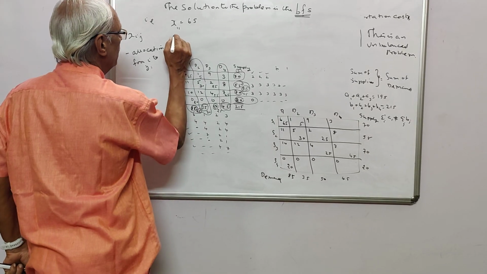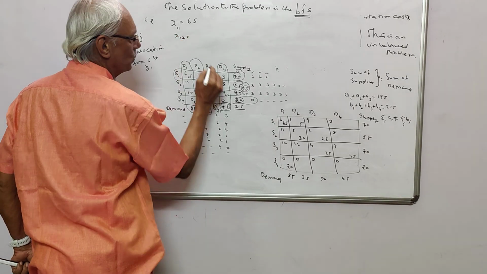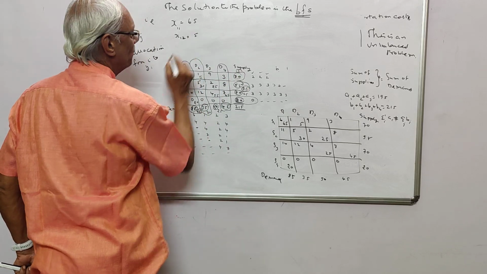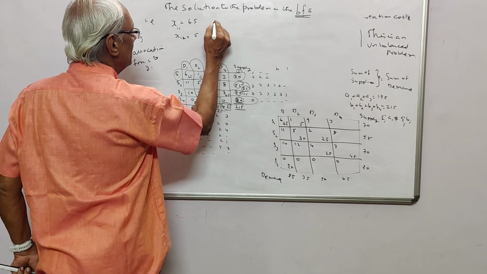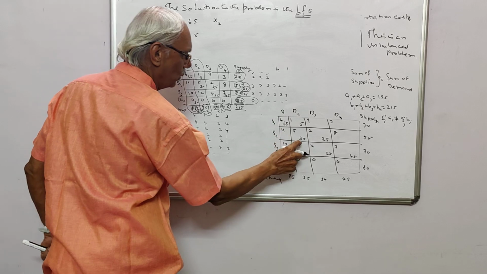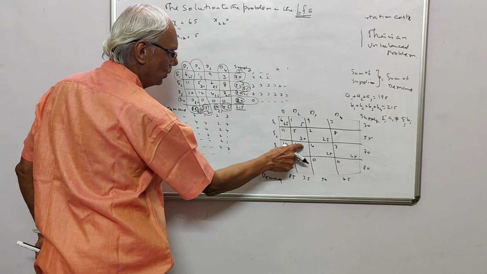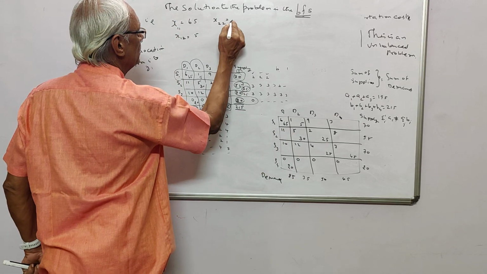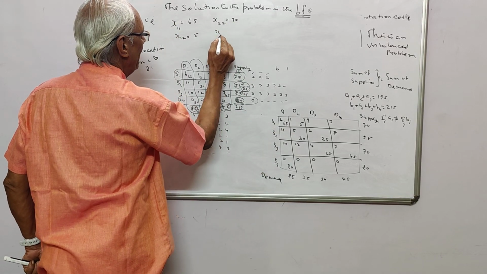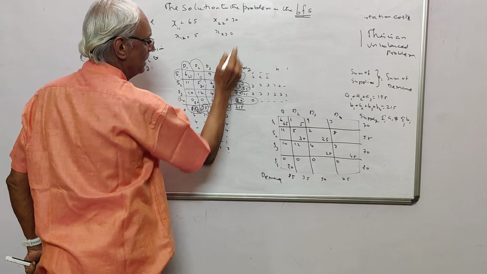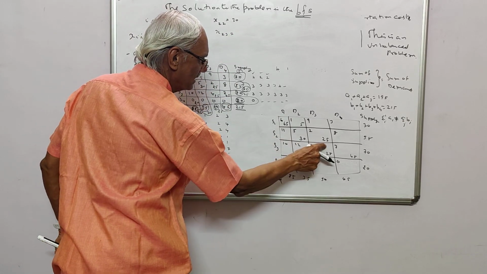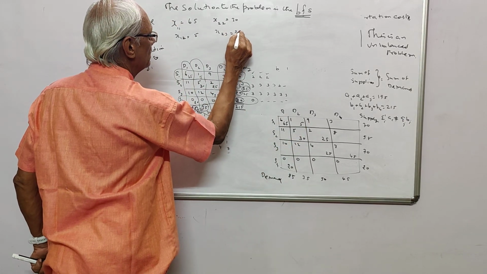And what is your X12? 5 units. Then X22, from source 2 to destination 2, 30. Then X23, source 2 to destination 3, 25 units.